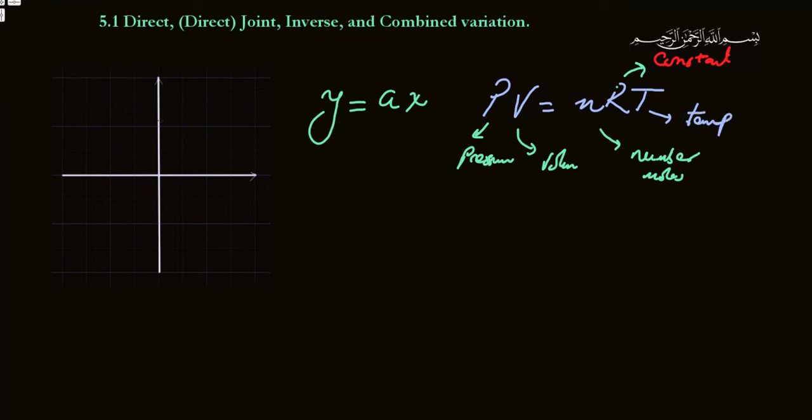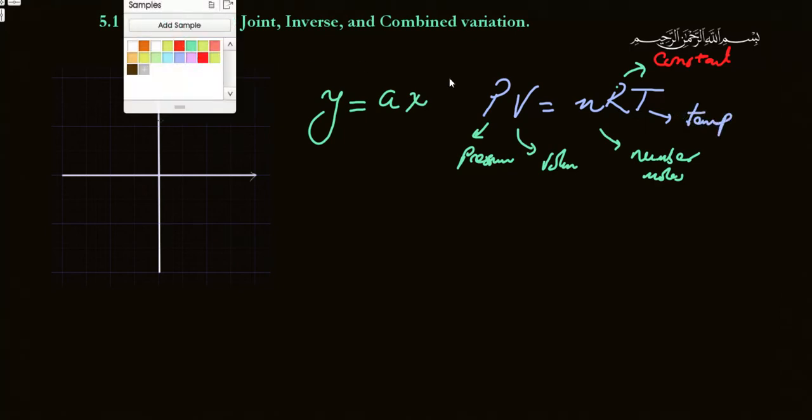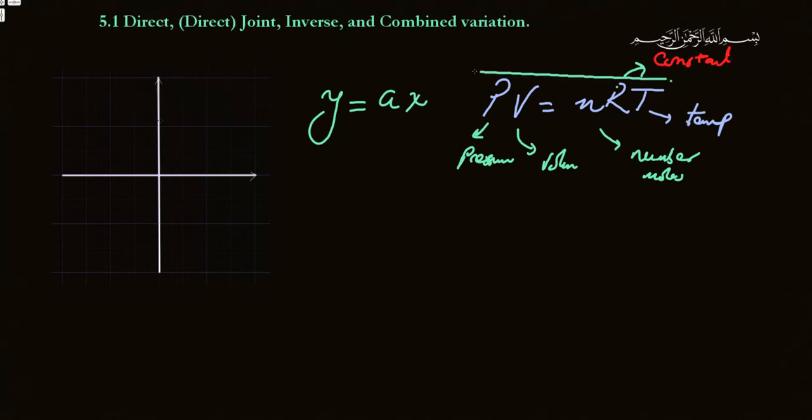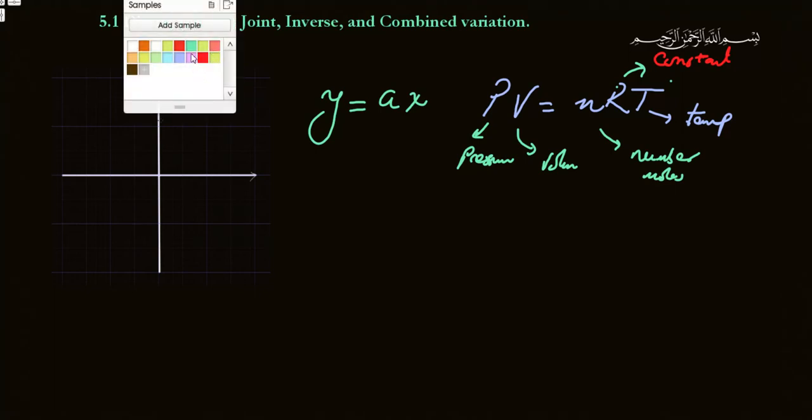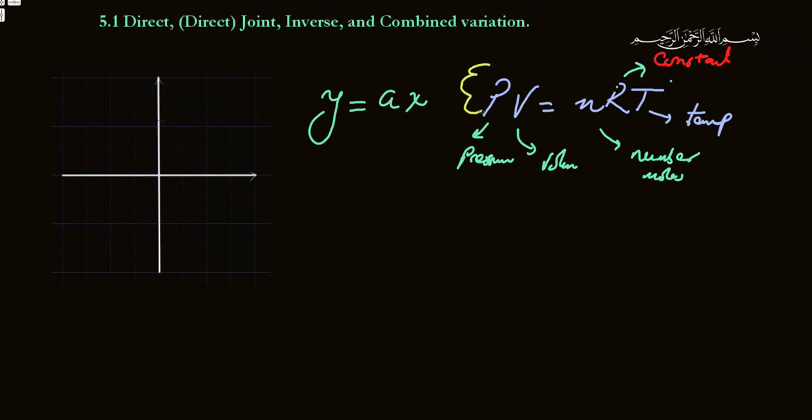So this ideal gas law, okay, this is famously known as the ideal gas law, is a great example where all of these direct variation, joint variation and combined variation concepts are all collated, or can be demonstrated in one swoop, so to speak.